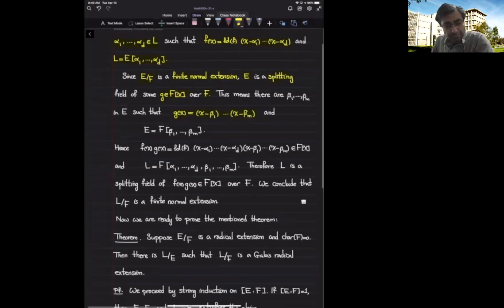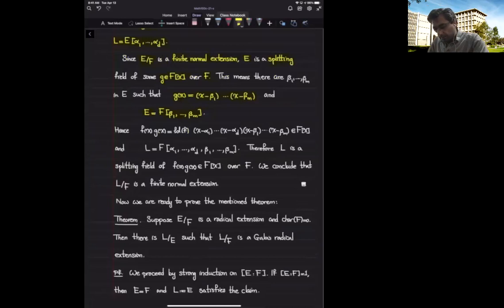And when I add the beta i's to the base field capital F, I get the field E. So E is F(beta 1, beta 2, ..., beta n). E is generated by F and the beta i's.